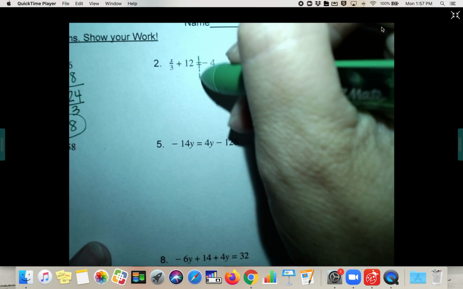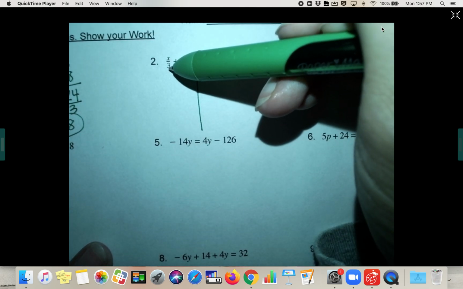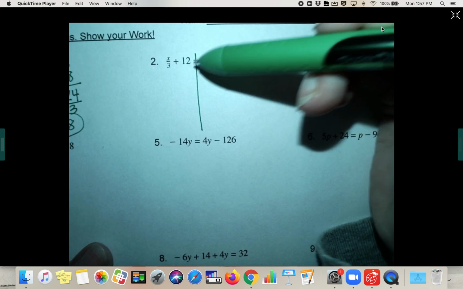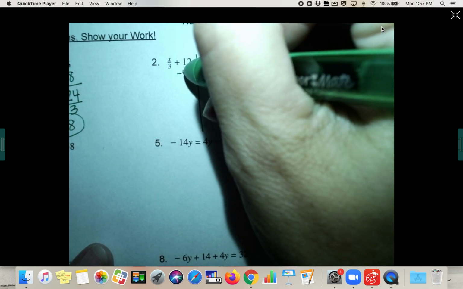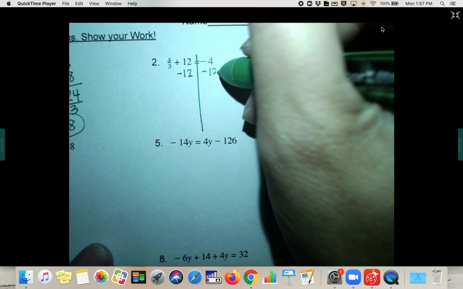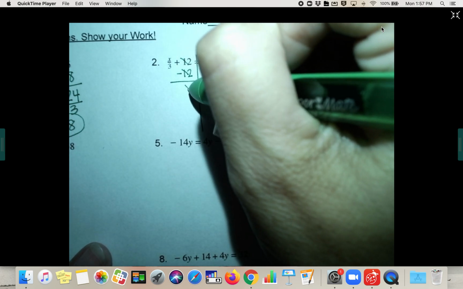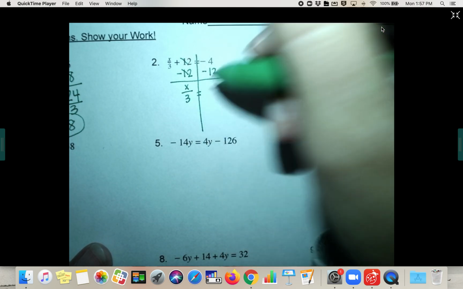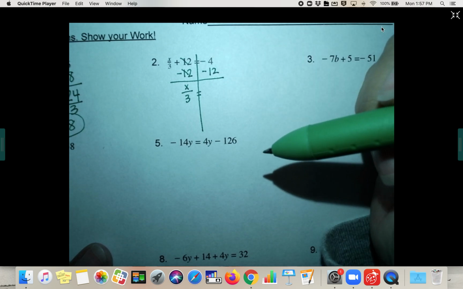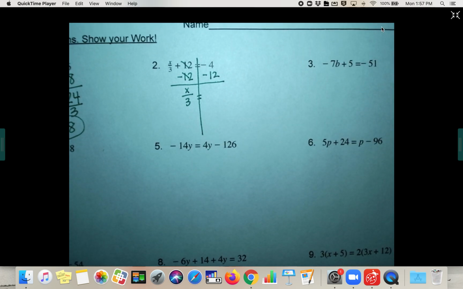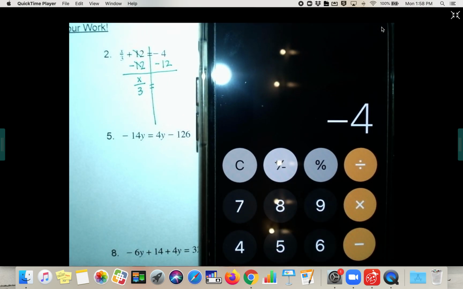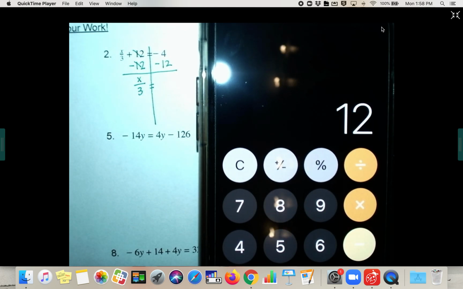All right, number 2, x is being divided by 3, so let's leave that alone and let's get rid of the plus 12 first by subtracting 12 on both sides. Bring down your x divided by 3. Remember, negative 4 minus 12 is not 8 or negative 8. Go ahead and use your calculator to check. This is negative 4 minus 12.